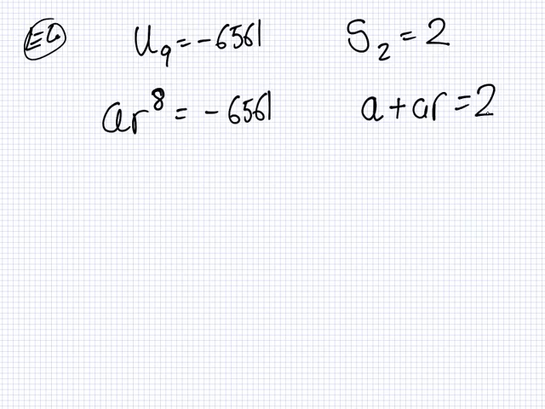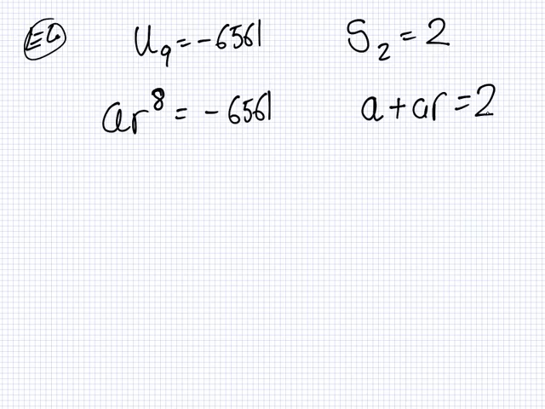You could use the formula, but in this case the formula makes it longer because it's only S2. And usually for these questions the S is a small number anyway, like S2, S3, S4, so I find it's easy just to write it down directly like this.